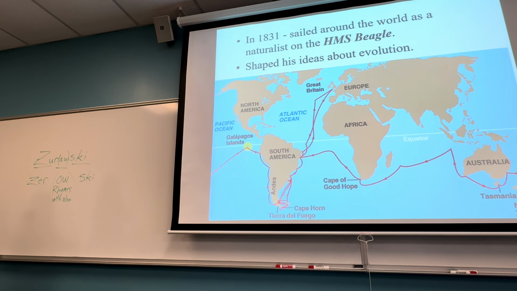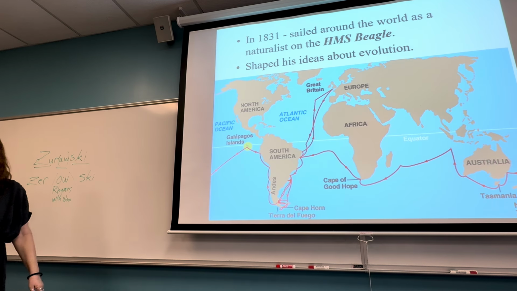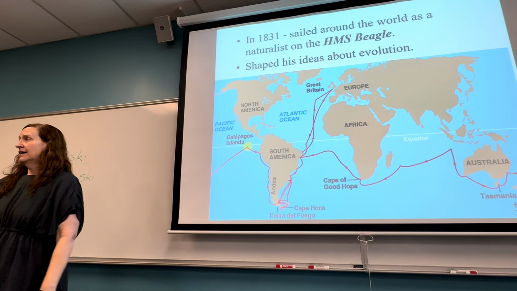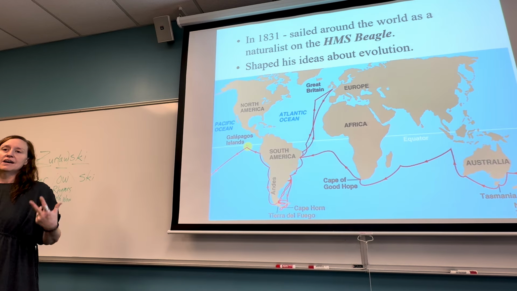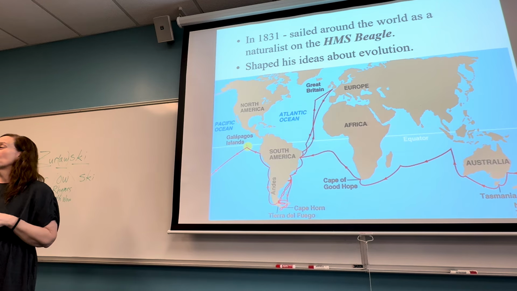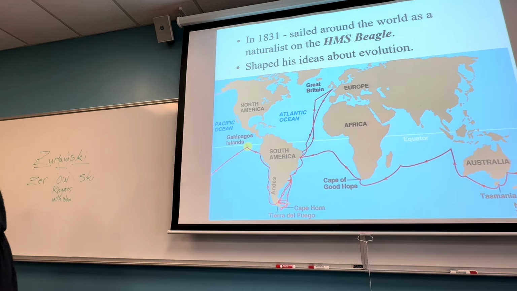So the captain had this attitude of like, "I'm going to go on this voyage and lead it, but I do not have to talk to my crew because I am better than them." One of the things about humans is that we actually need human connection. And these captains not talking to their crews made them go crazy. So to alleviate this insanity that would develop because they thought they were too good to talk to the rest of their crew, they would add these naturalists onto these voyages.